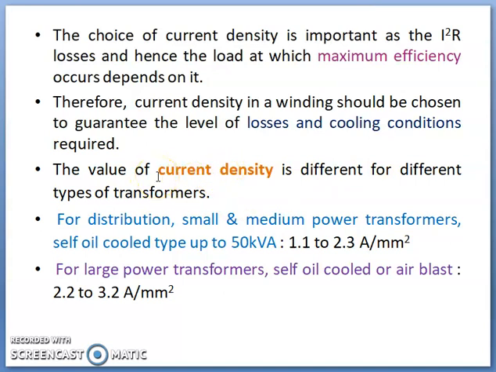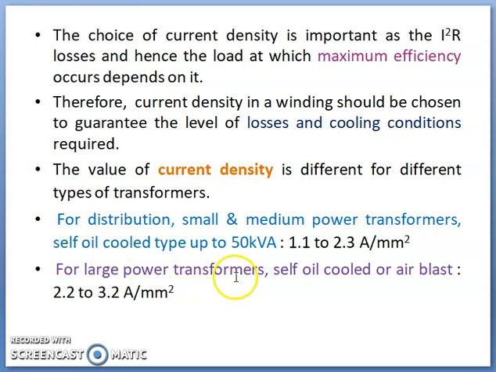Then what are the usual values of current density? Current density is different for different types of transformers. Say for distribution, small and medium power transformers of self oil cooled type up to 50 kVA rating, the value of current density lies between 1.2 to 2.3 ampere per mm square. This is for self oil cooled type.